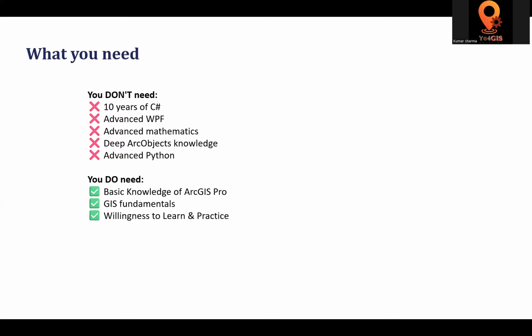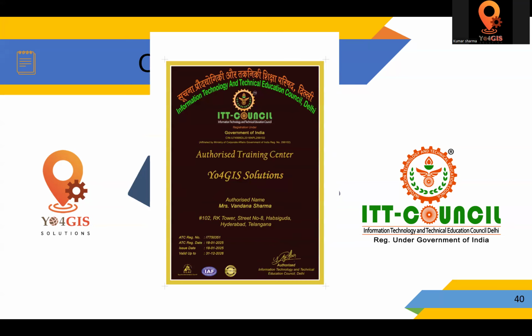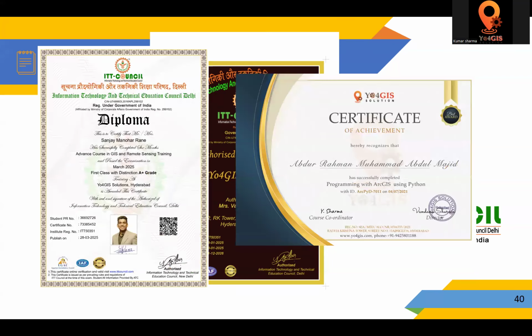That is enough. Now coming to the certificate part, U4GIS Solutions already has a collaboration with the ITT Council. They are going to provide you the certificate on behalf of U4GIS Solutions. So this is the ITT Council certificate, and the one on the left will come directly from the ITT Council.